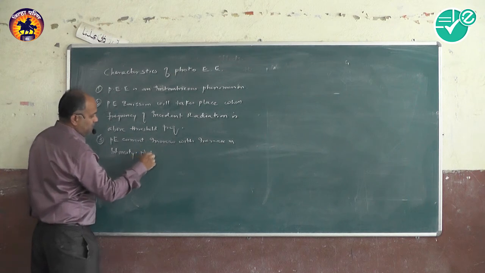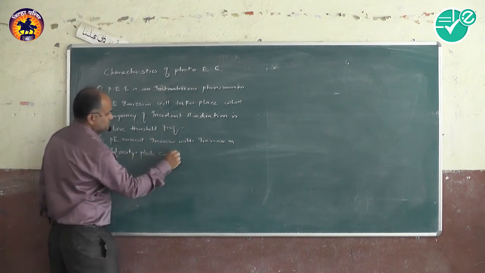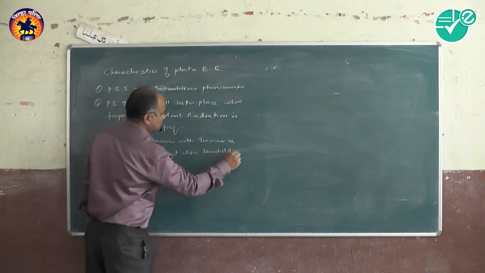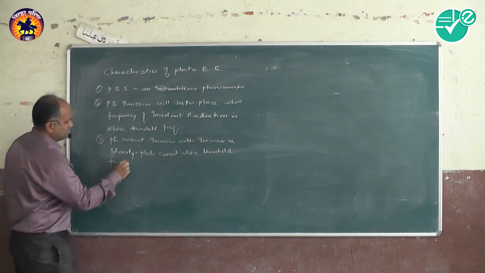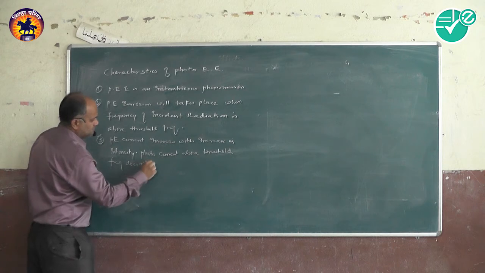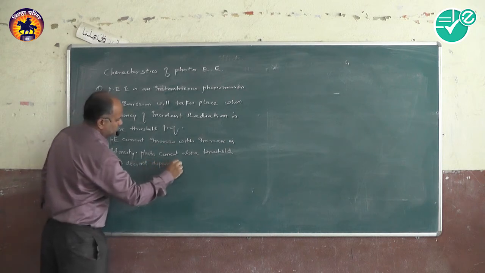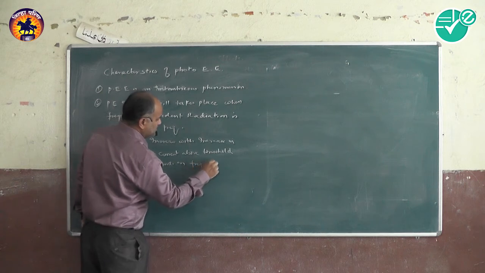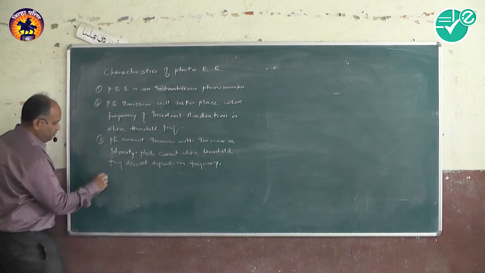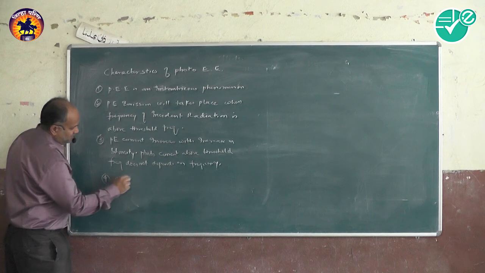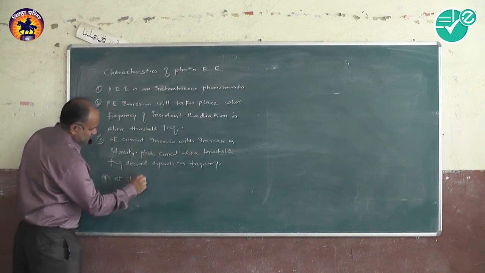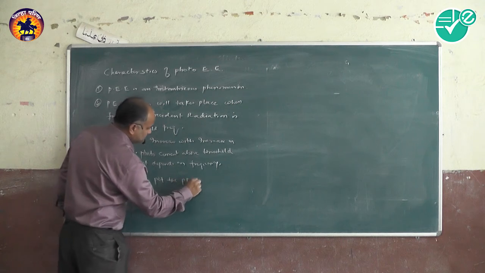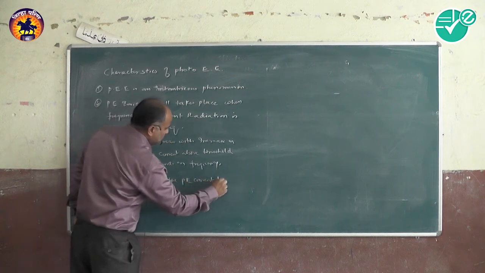Photocurrent above the threshold frequency does not depend upon frequency. Fourth characteristic: at stopping potential, the photoelectric current becomes zero.